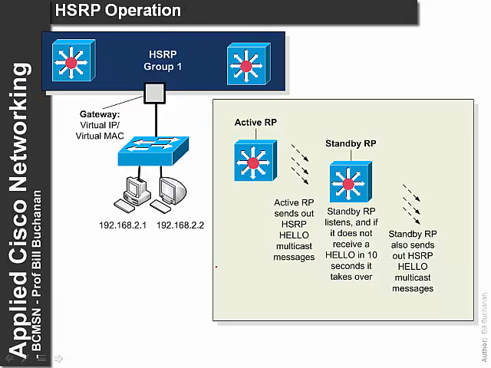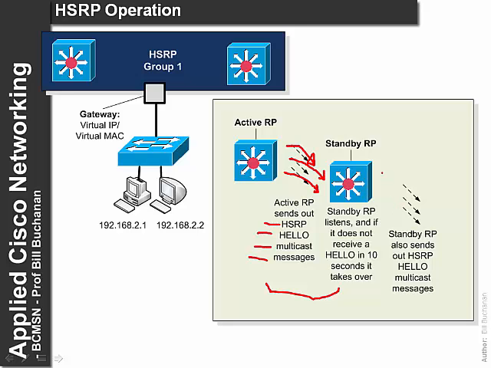The way that it operates is that an active RP continually sends out to the network, typically to the standby RP, hello messages, which are multicast. If the standby RP does not hear a hello message for 10 seconds, it will then take over.